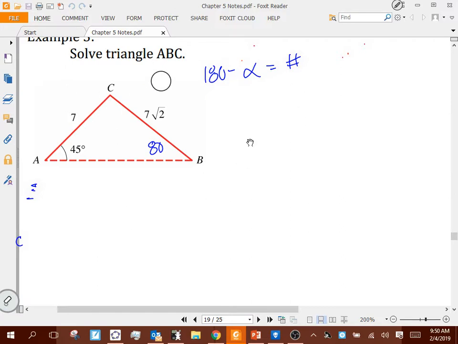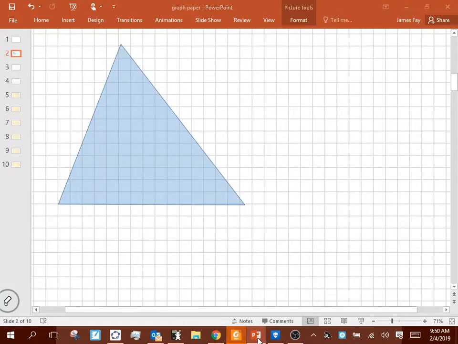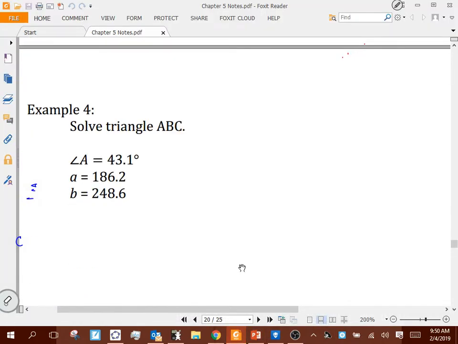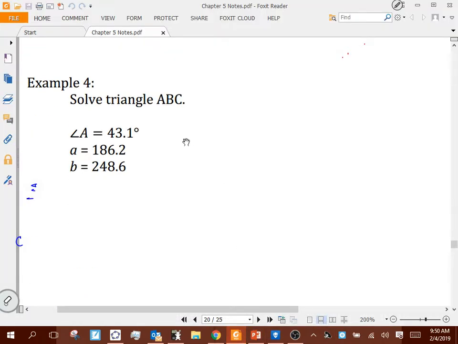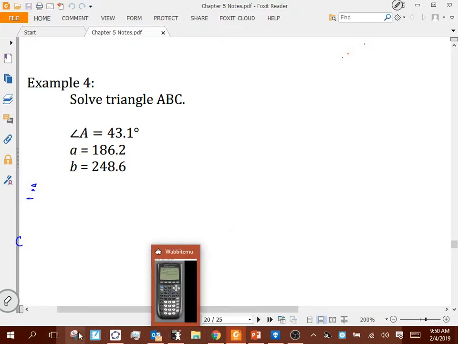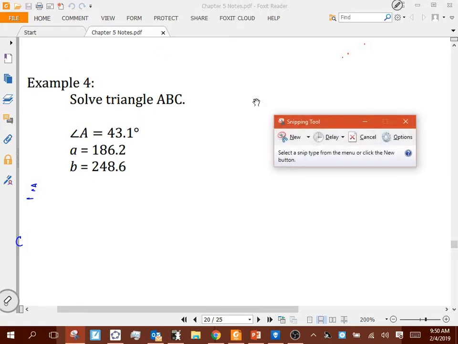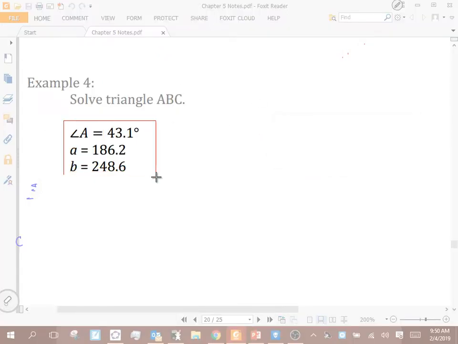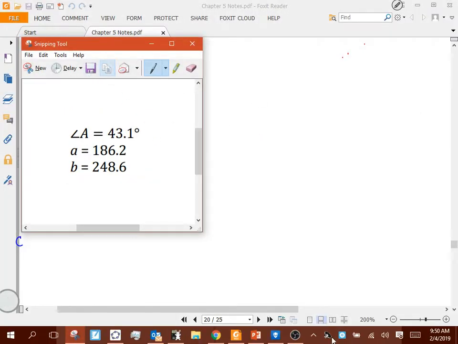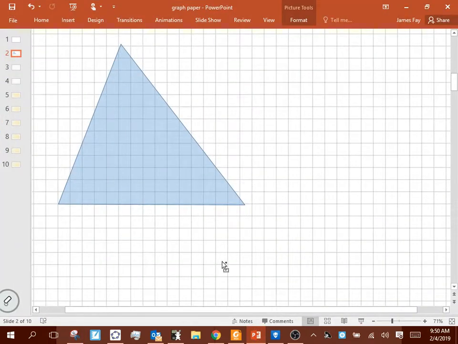Okay? I believe I've got one of those here. Let's see if we can get through at least recognizing that the case exists. Let me do it this way. I've got a triangle already drawn here, and this, Control V.